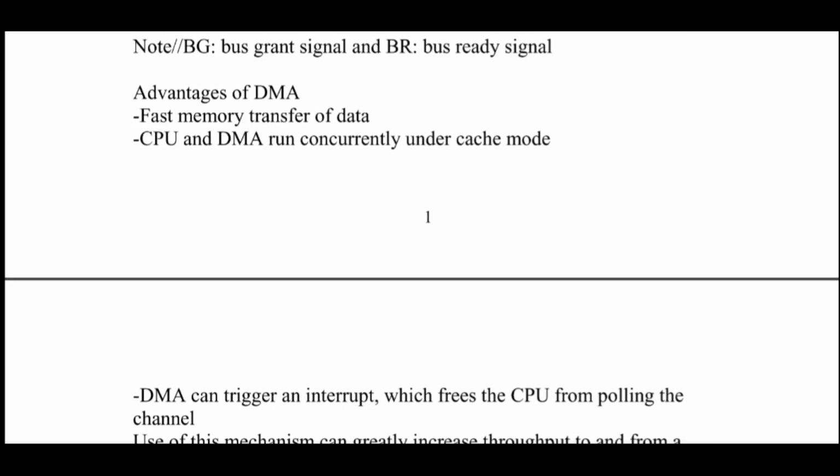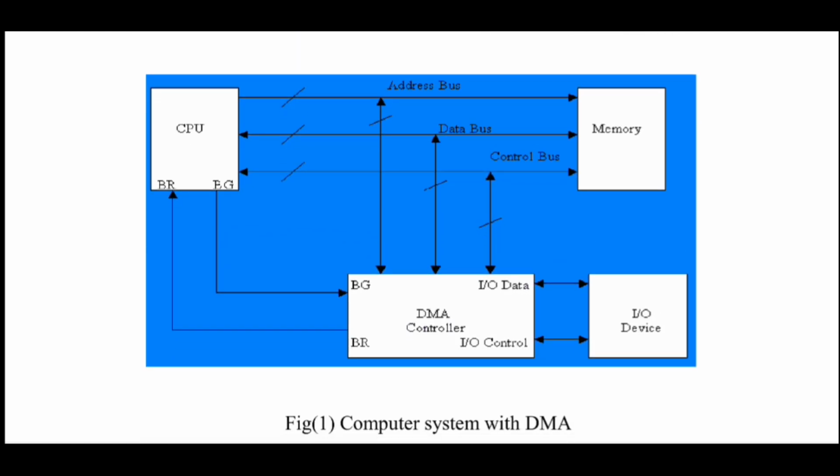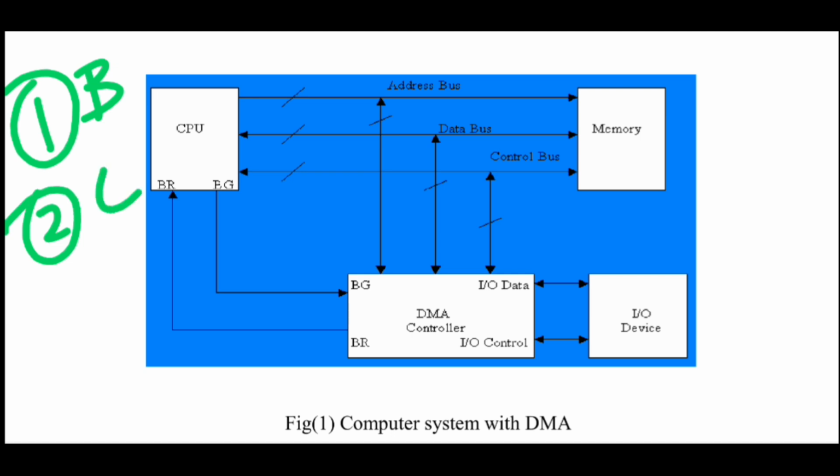And there are also types of DMA: burst, cycle stealing, and transparent. First, let's discuss burst. What do we mean by burst?